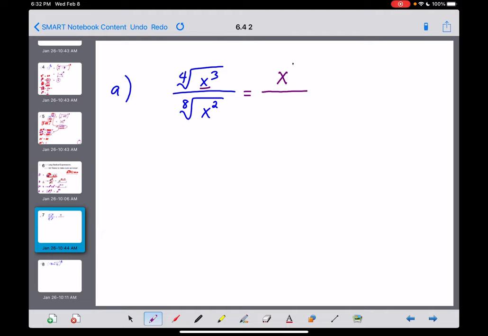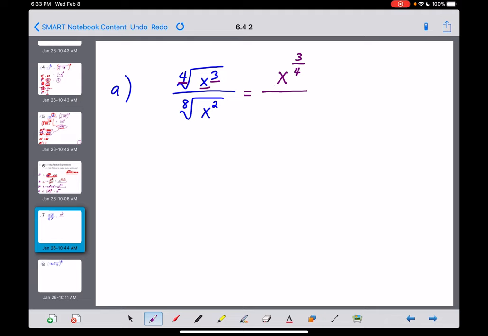For the fractional exponent right now, the index, which in this case is 4, becomes the denominator, and the exponent here, 3, becomes the numerator. So guys, that's x to the 3/4 power. That is not x times 3 over 4. That's something different here, not what we're doing. That's x to the 3/4 power.